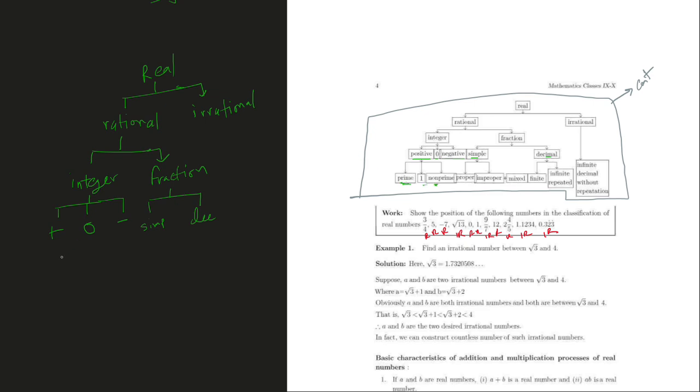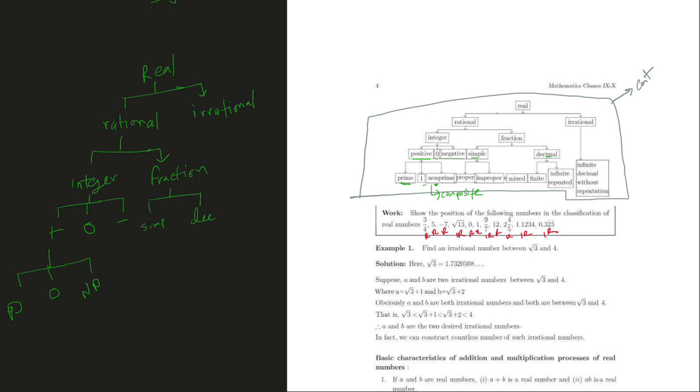Within the positive we have prime, like 5 is a prime number, and then we have 1, and then non-prime, those that are not prime, those are composite. Now from simple there are proper and improper.